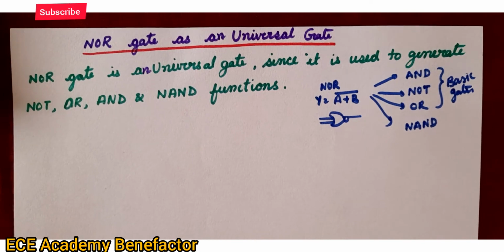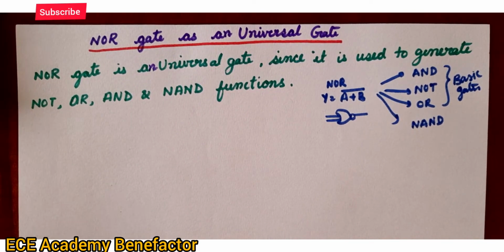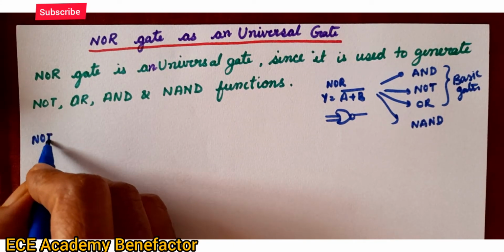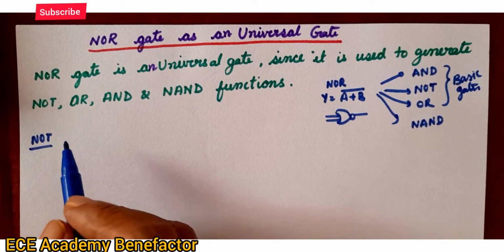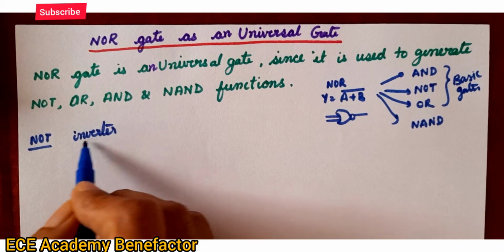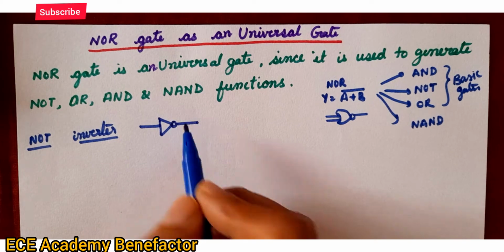So let us see how NOR gate can be used as a NOT gate. The other name of NOT function or NOT gate is inverter. The symbol of NOT gate is this one.